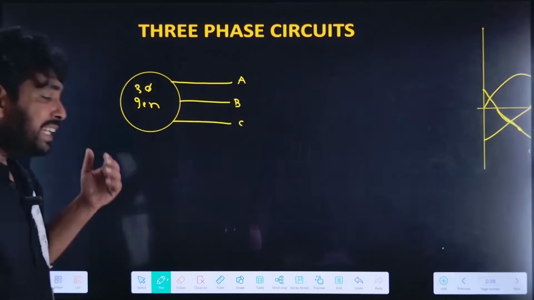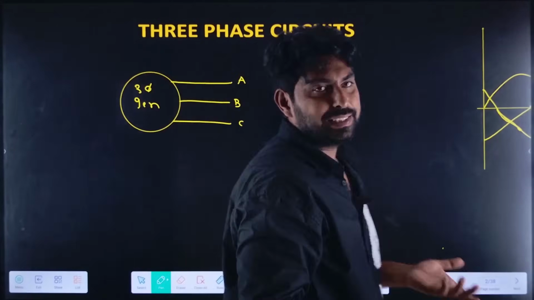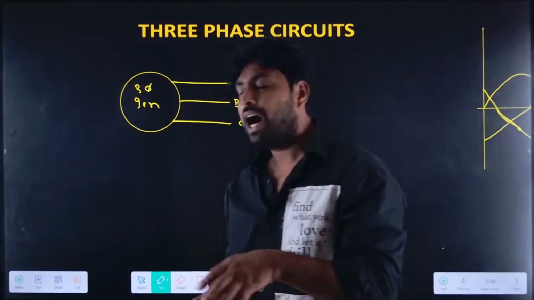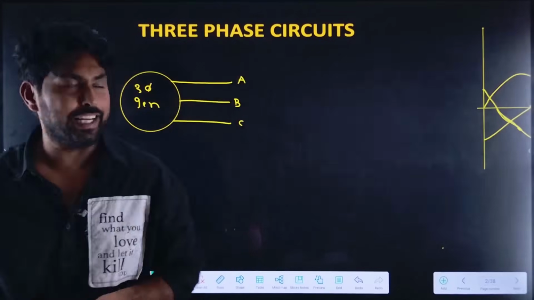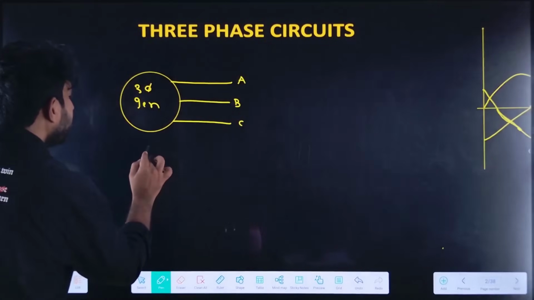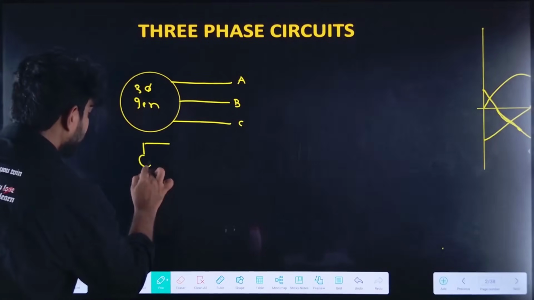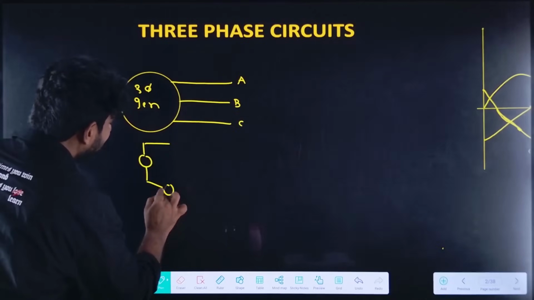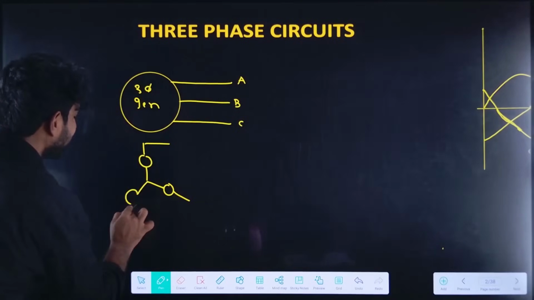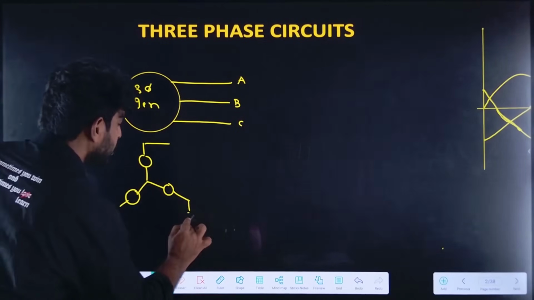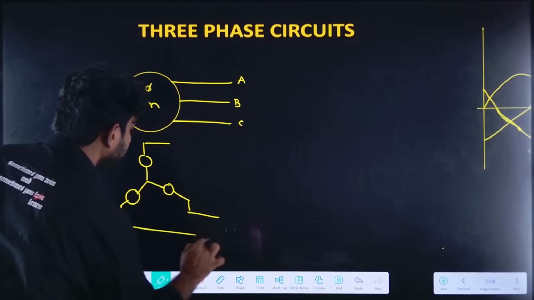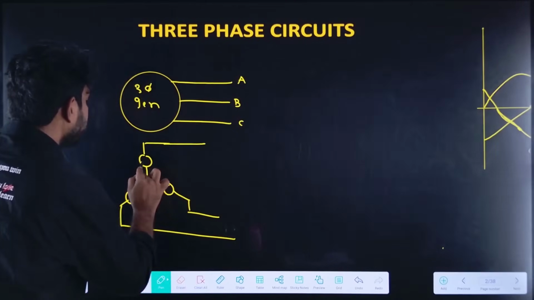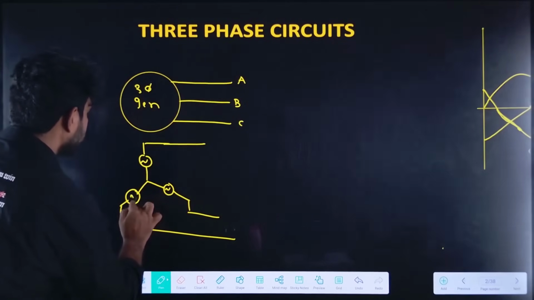Now either this generator is connected in the star connection or this generator is connected in the delta connection. For example, if I want to represent the star connection, it would be like this, right? Let me assume that these will be the three sources.